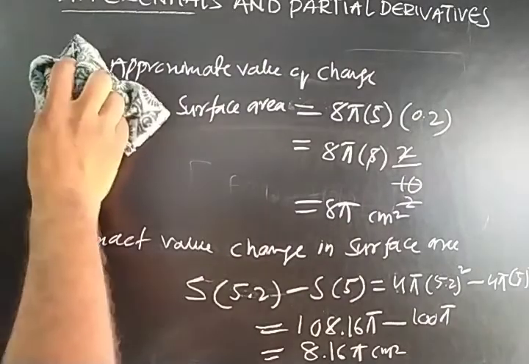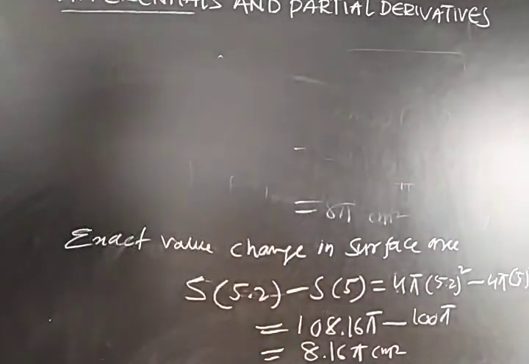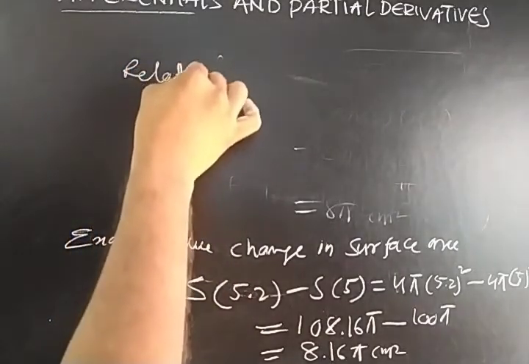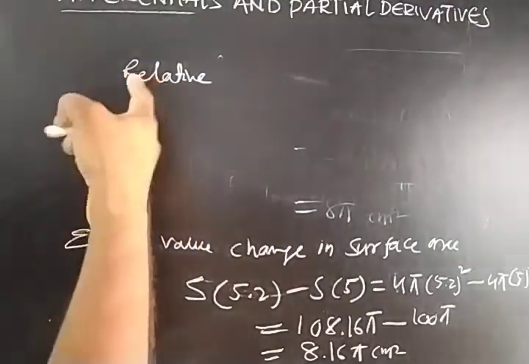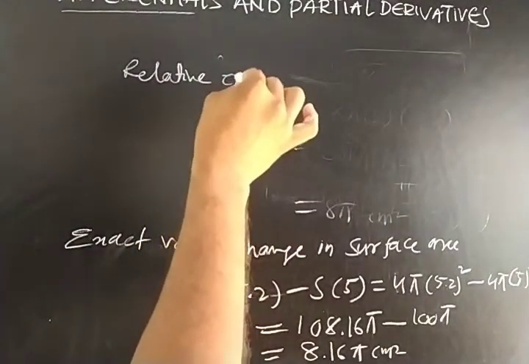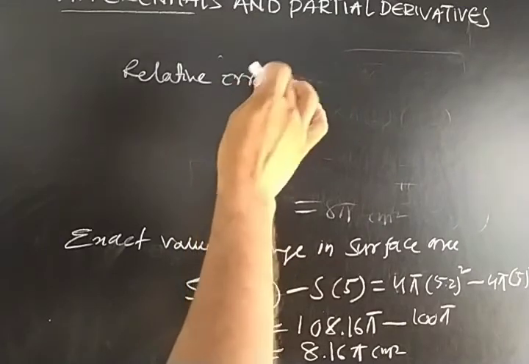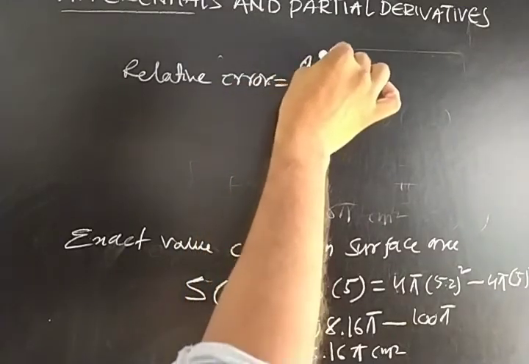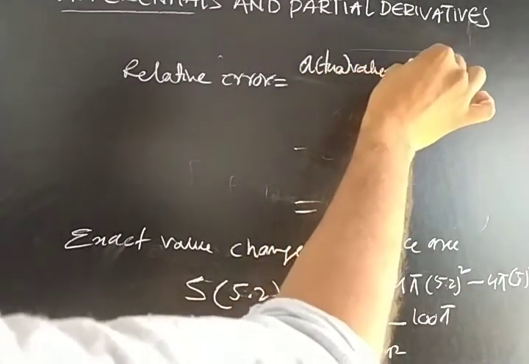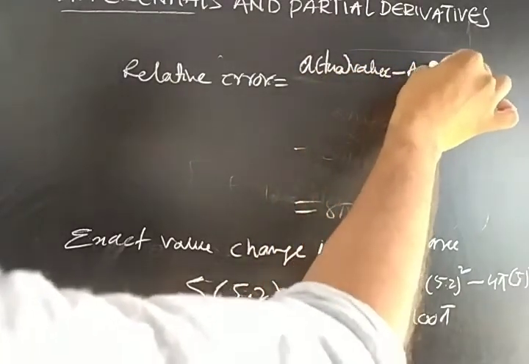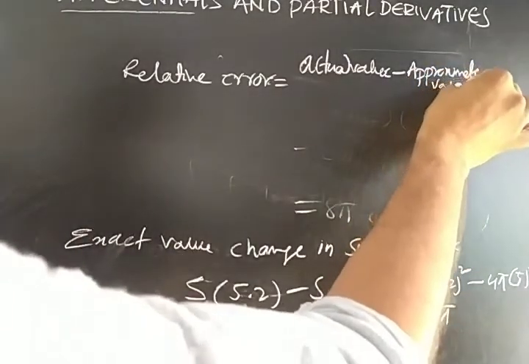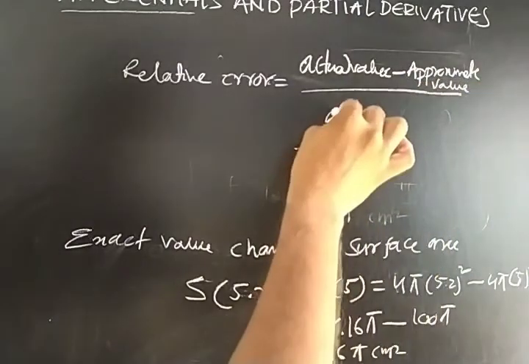Now I am going to find the percentage error. To find it, first of all we need the relative error. The relative error is defined as the exact actual value minus the approximate value, divided by the actual value.